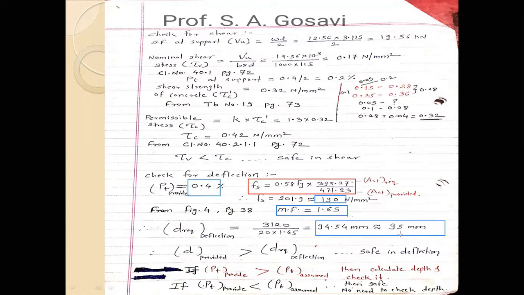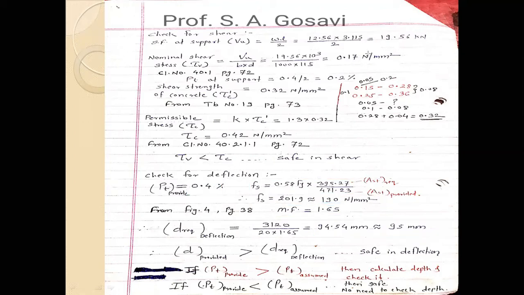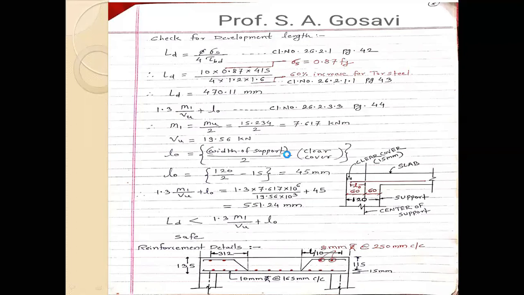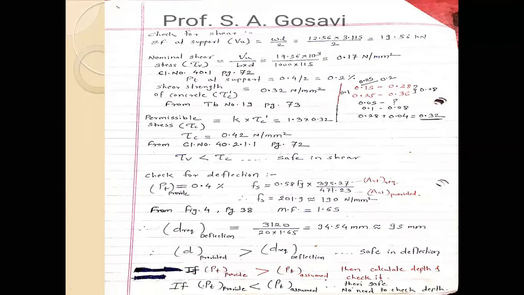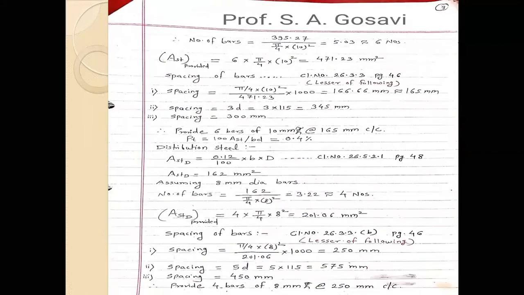Otherwise, if you provide the depth from the bending moment criteria, if you remember when we took the check for depth, the depth required to sustain that bending moment was, I think, 75 mm. If we go back here, you can see the depth required.